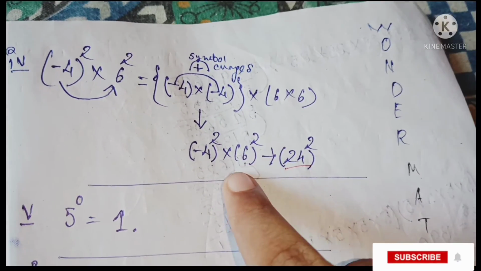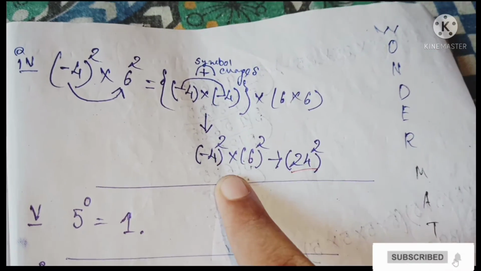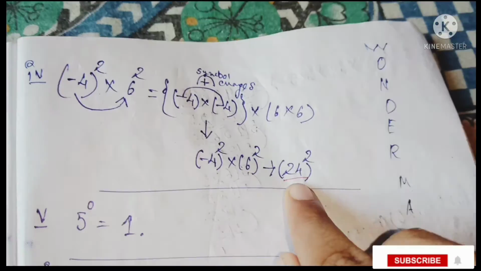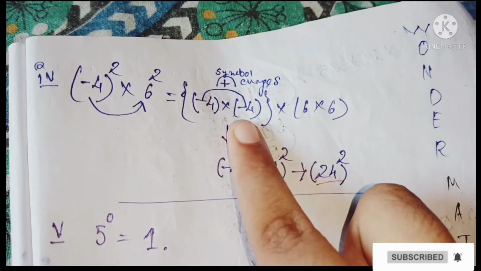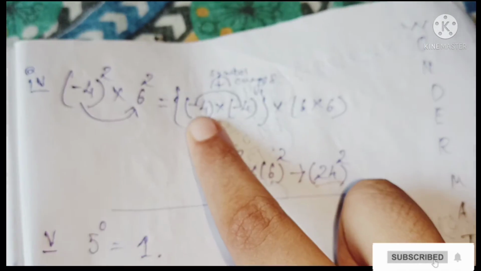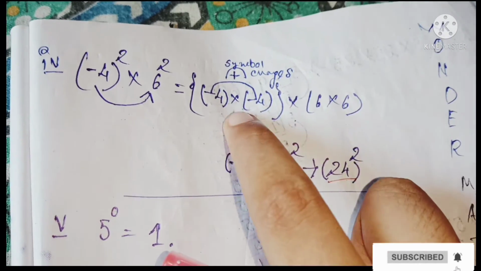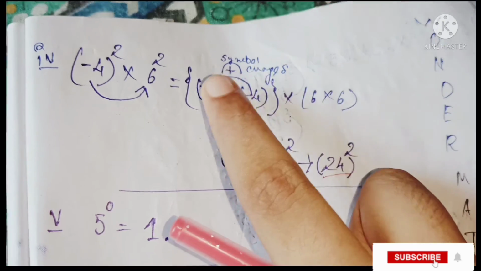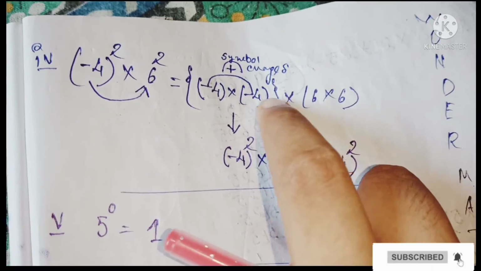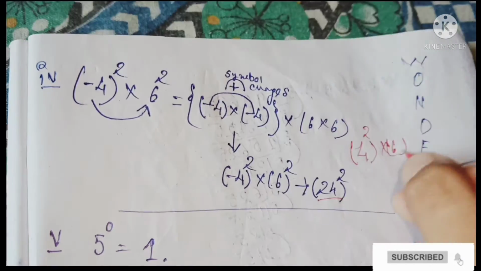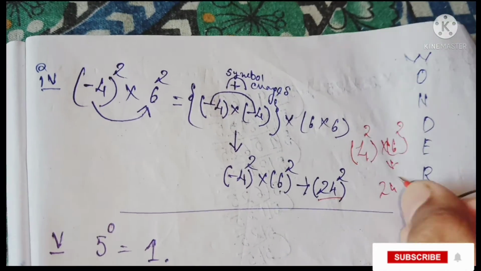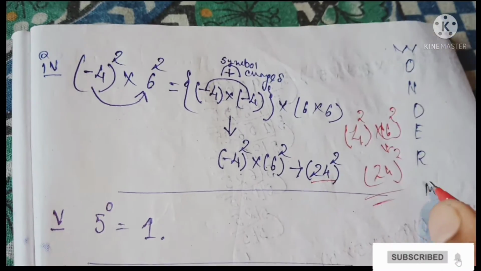In this way you have to write in your book that minus 4 whole square multiplied by 6 whole square gives us only 24 whole square. Because minus 4 multiplied by minus 4, minus and minus changes to plus, so here plus 4, or only 4 whole square, multiplied by 6 whole square. So what will be the result? 24 whole square. So this is your B answer.